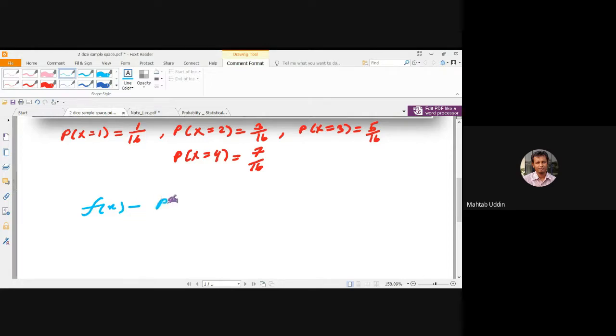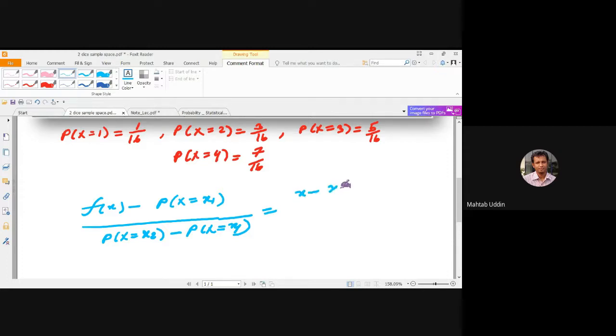Let us choose p of x equal to x1, you can take any one, x1, divided by p of x equal to x2 minus p of x equal to x1. Their inputs should be small letters, is equal to x minus x1 over x2 minus x1. Please write the formula.